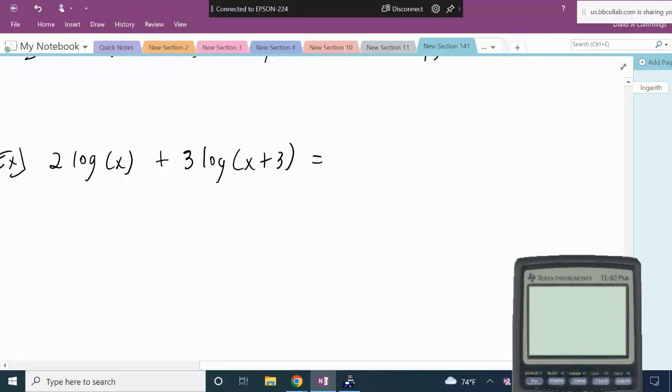I guess before I do that, I'm going to use the power rule in reverse first. So I'm going to take these multipliers and I'm going to write the multipliers as powers. So I'm going to take this first term and I'm going to write that as a log of x squared. Right? Because remember that power rule says we can write an exponent as a multiplier and then vice versa. You can write a multiplier as an exponent. Plus the log of x plus 3 raised to the third power.